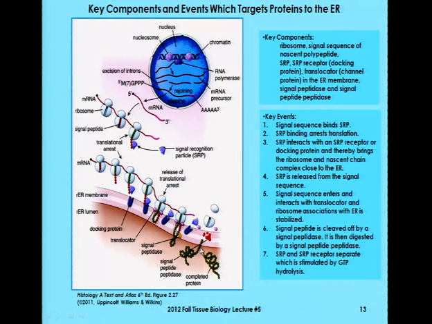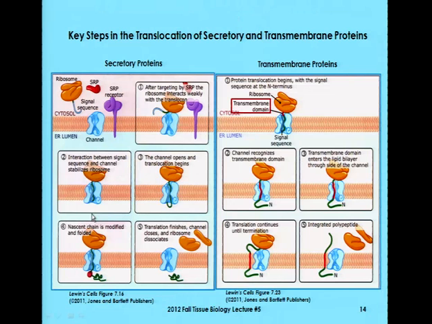And then there's another enzyme that will digest the signal peptide, and that enzyme is called the signal peptide peptidase. So this summarizes some of the key events in the synthesis of a secretory protein on the rough ER membrane.